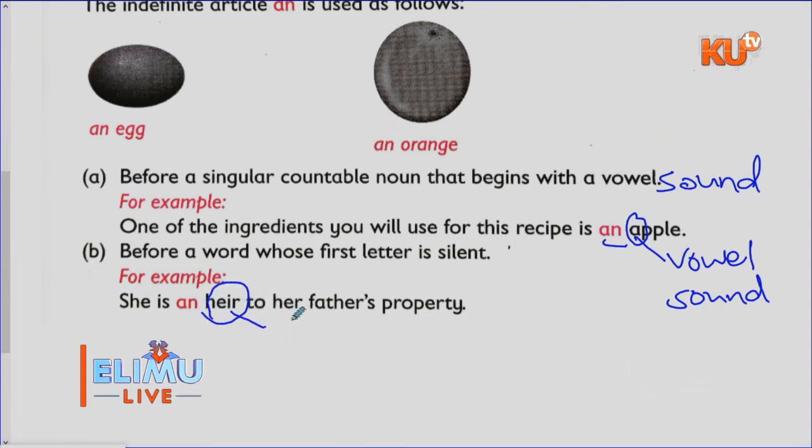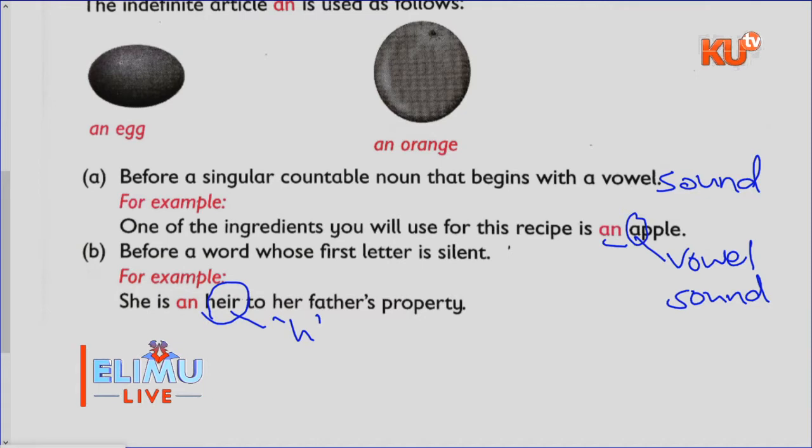In that word, H is silent, so it is pronounced as heir. So it begins with a vowel sound, even though the first letter in that word is H, which is a consonant. But the sound that begins that word is a vowel sound.